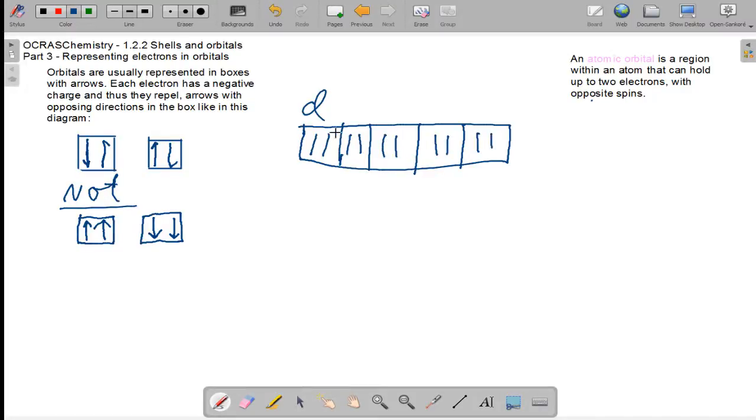I'll just use little ones to represent it, and the arrows, because they must be in different directions. Drawing it this way is the easiest way if you're asked to represent it. And they gradually work up in levels, starting from the lowest with s and p, working all the way up to d and f here.